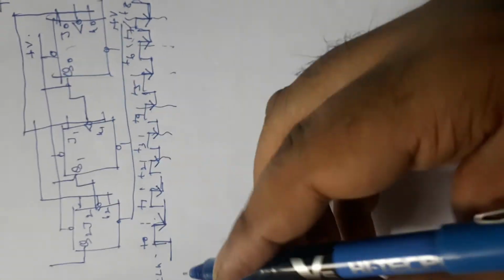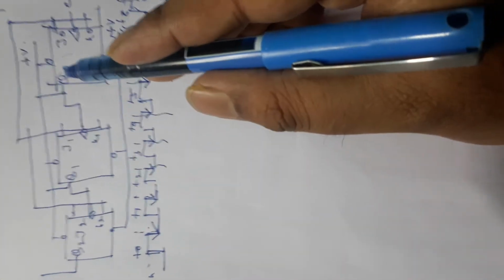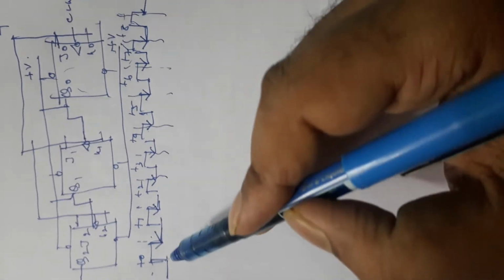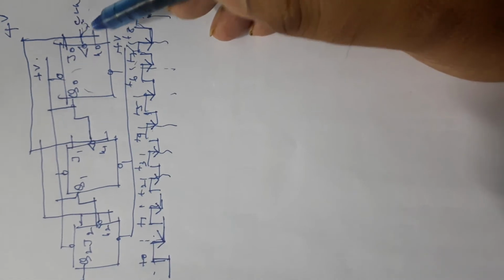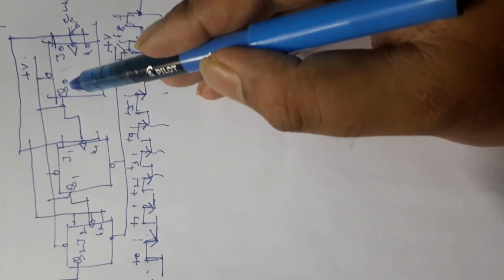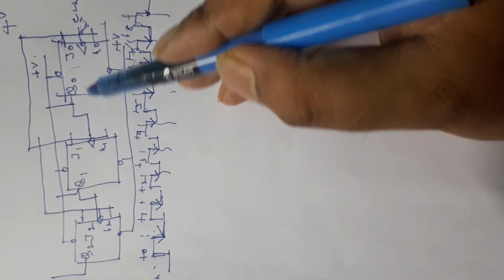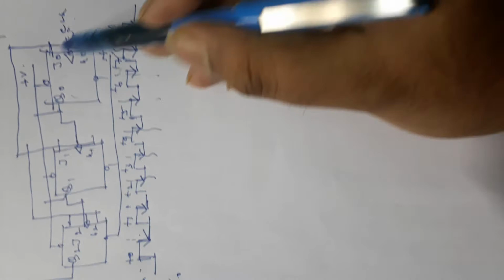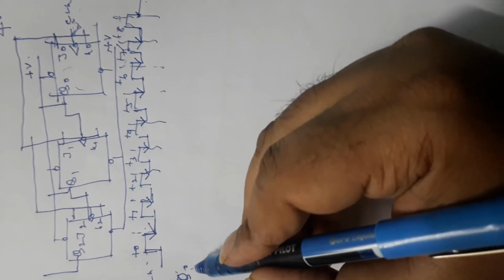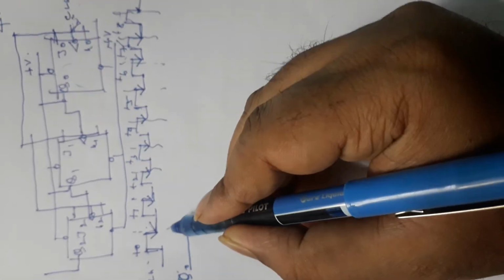Fine. Now let us draw Q0, right? These clock pulses are given to this clock input, and we are estimating what would be the output Q0. So we are considering only this flip-flop. Let us assume the first state is low.